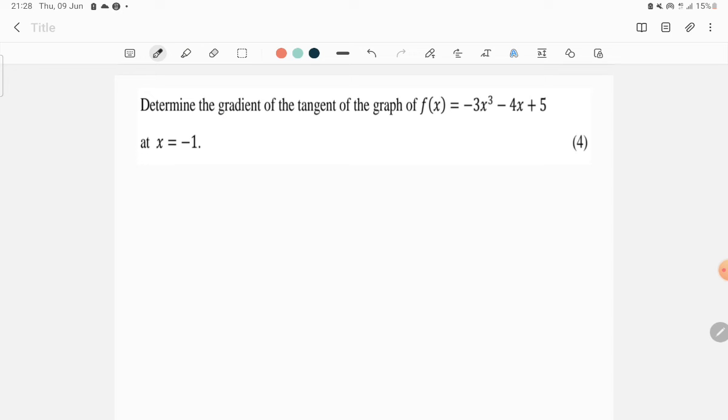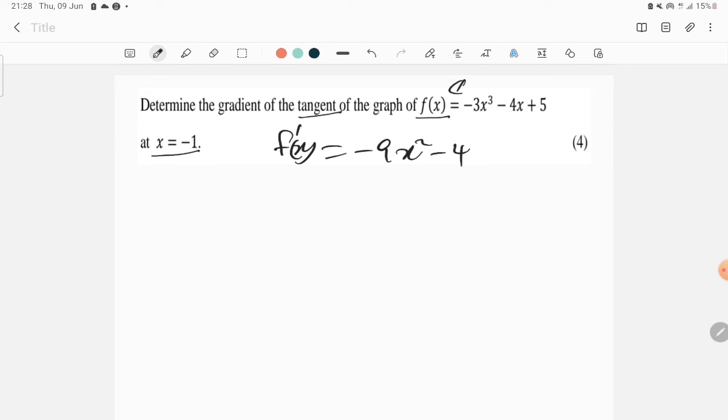What we know is that the gradient of the function is equal to the gradient of the tangent at the point of contact, which means now at x is equal to negative 1. So the idea is to find the gradient of this curve, which is going to be negative 9x squared, then minus 4.